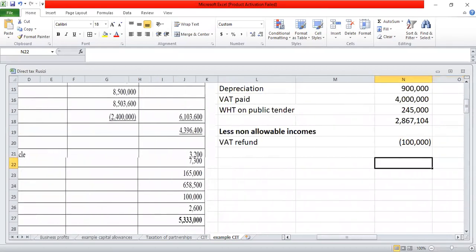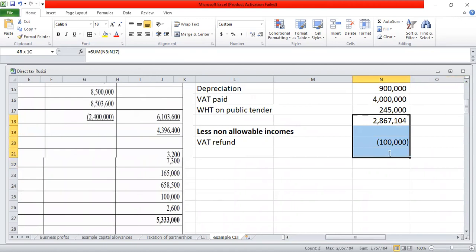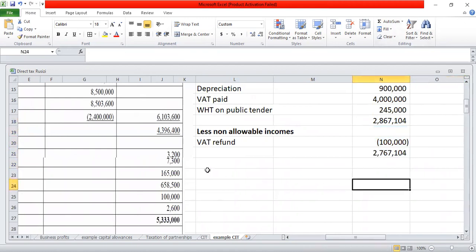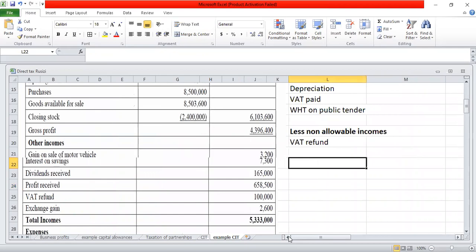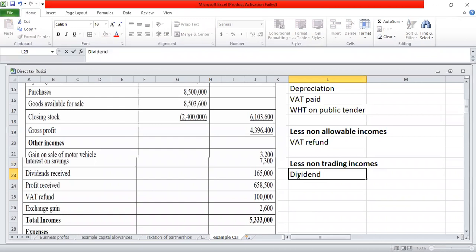So the only non-allowable here is this. Then we are going to consider this income which we already taxed net, less the non-trading incomes. We are going to less them net and add them back when they're gross. We have a dividend, which is 165.